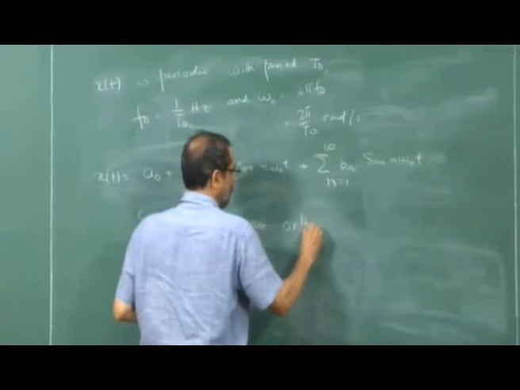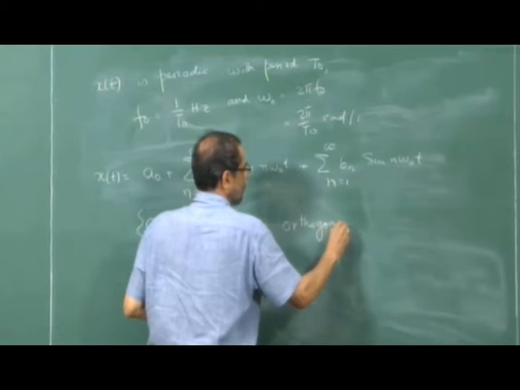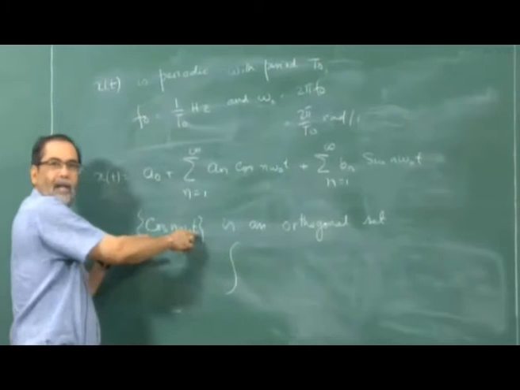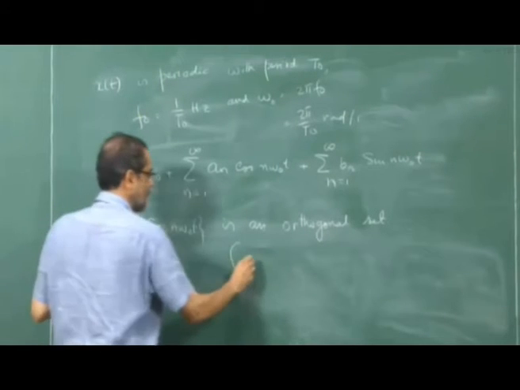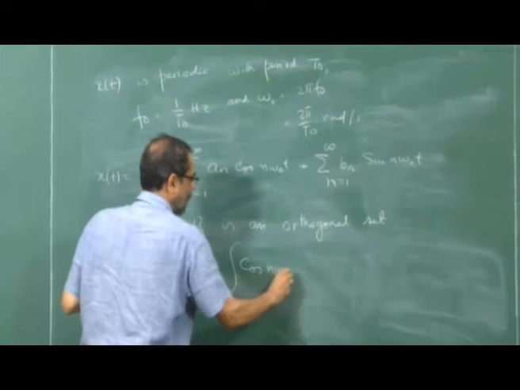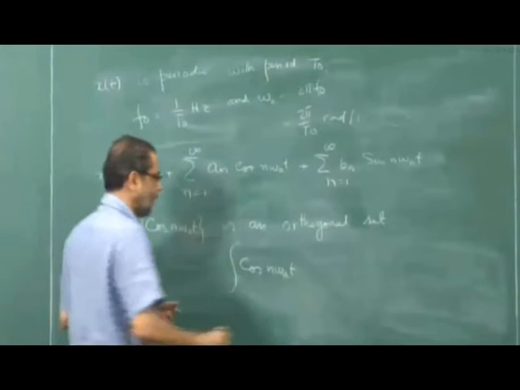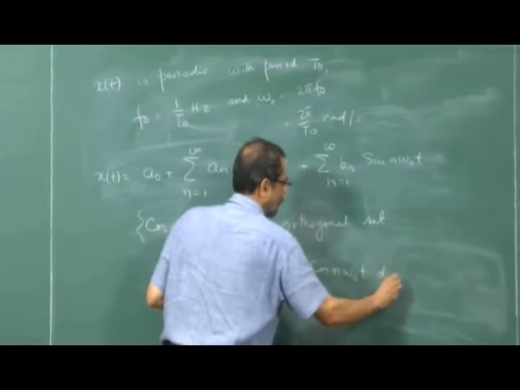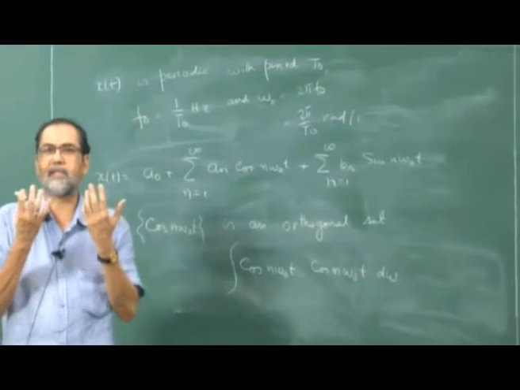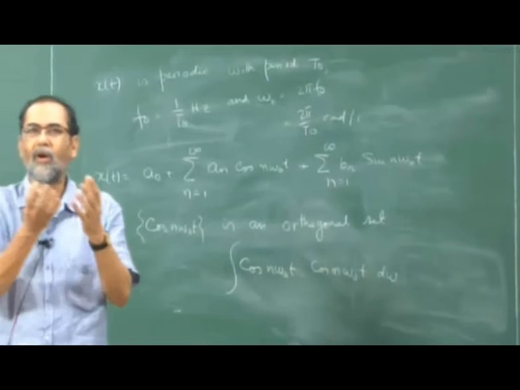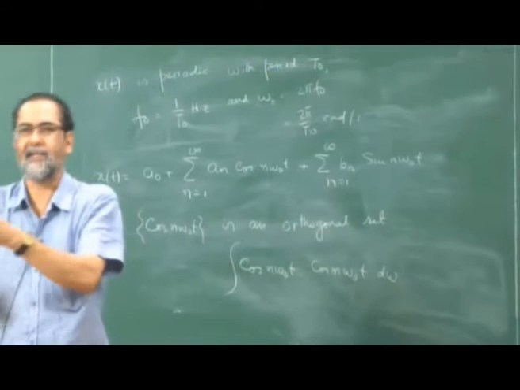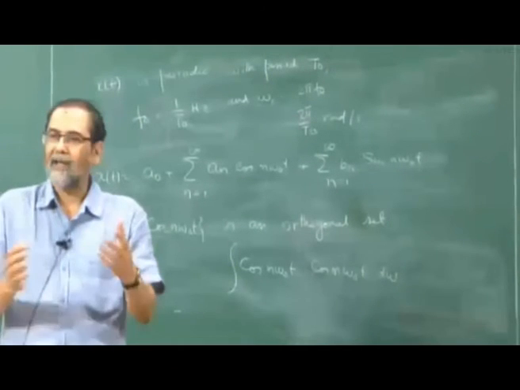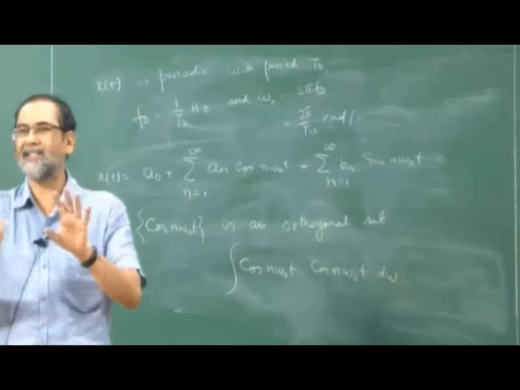We now talk about what an orthogonal set is. It means if you take two elements from this set, such as cosine n omega naught t for one value of n, and cosine m omega naught t for another value of m, call one n, call one m, it could be 2, it could be 3, let's keep n and m distinct.